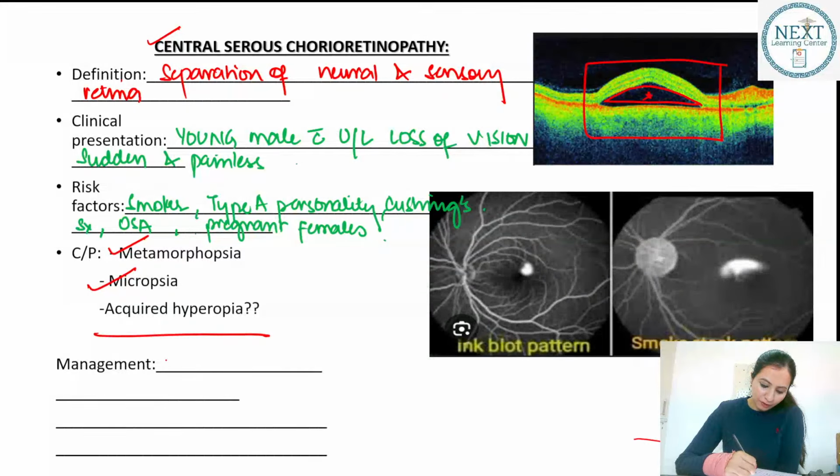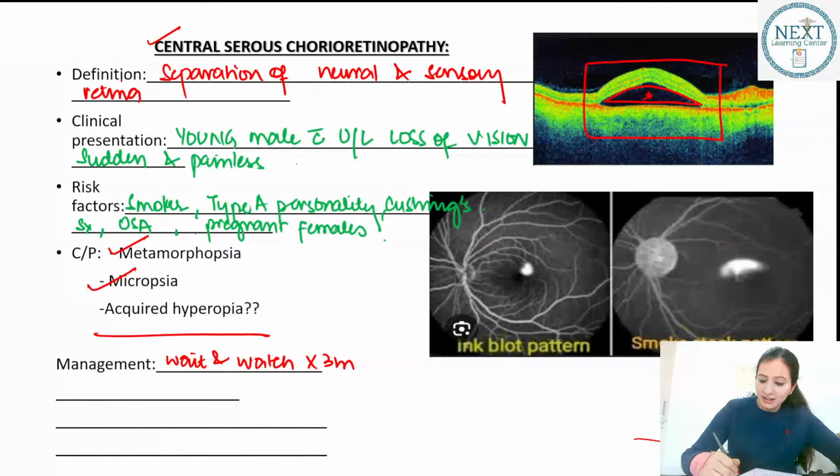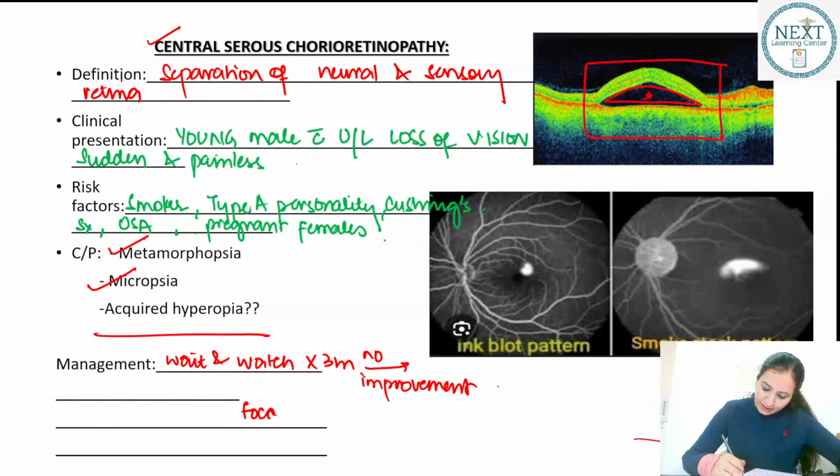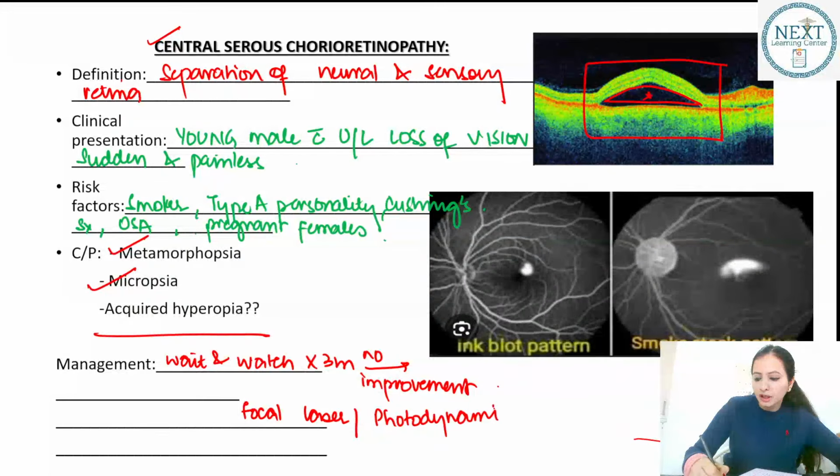Management will involve just wait and watch for 3 months. Why? Because it is self-limiting. If there is no improvement even after 3 months, then you go for focal laser or you go for photodynamic therapy with verteporfin.